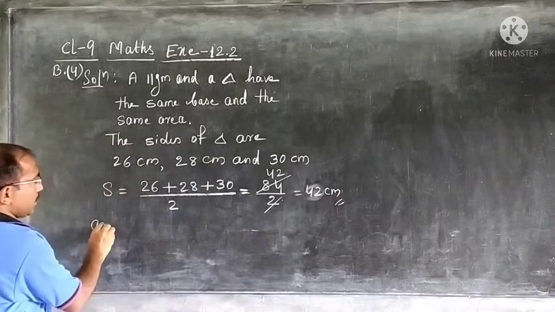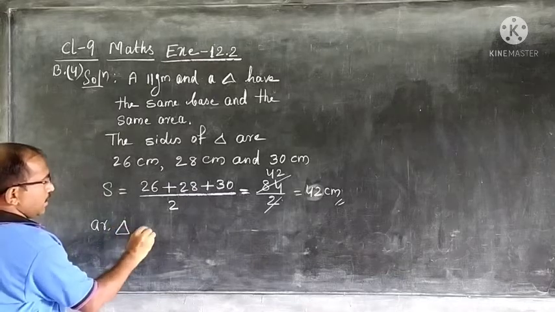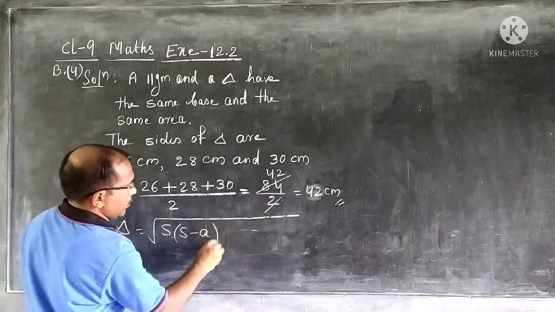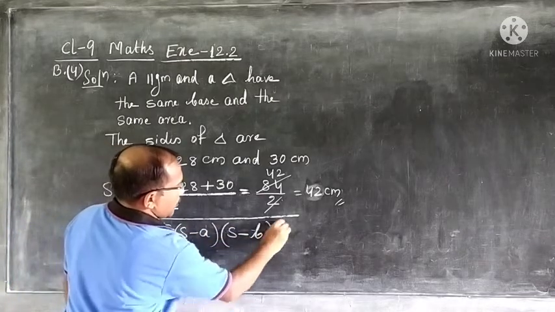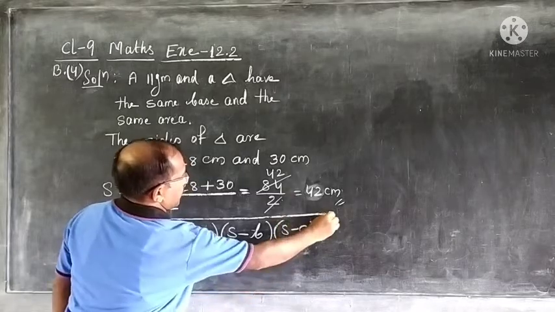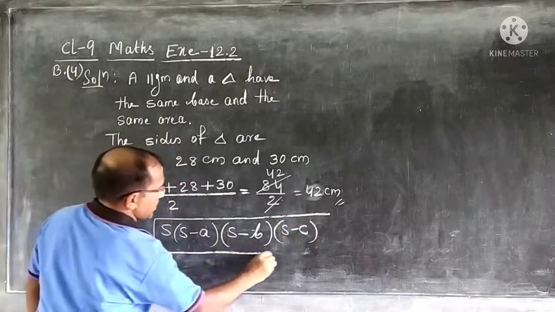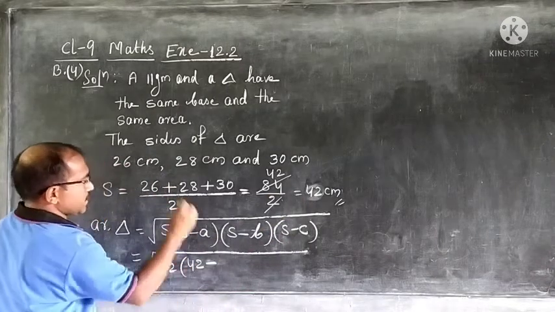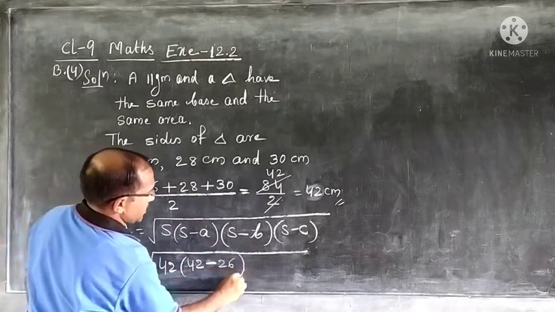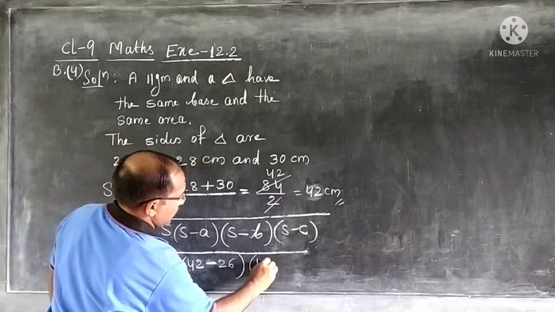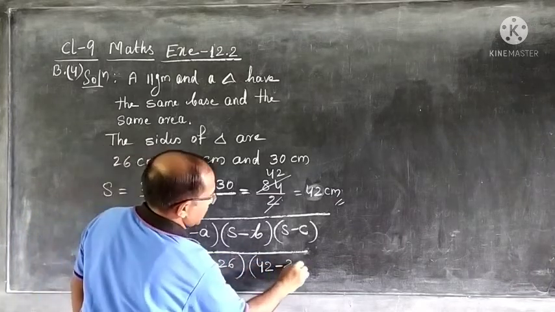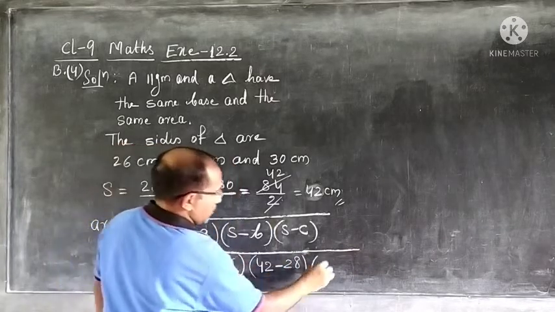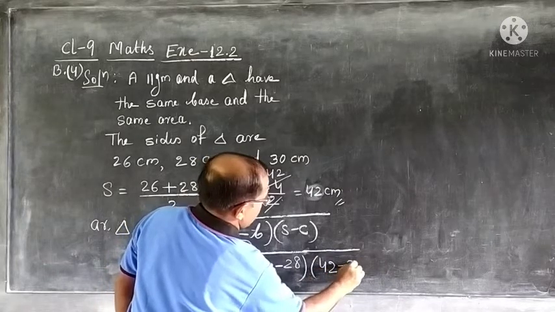And then for the area of the triangle, we use Heron's formula: area of triangle equals the square root of s into (s minus a) into (s minus b) into (s minus c). This you are all well aware of.